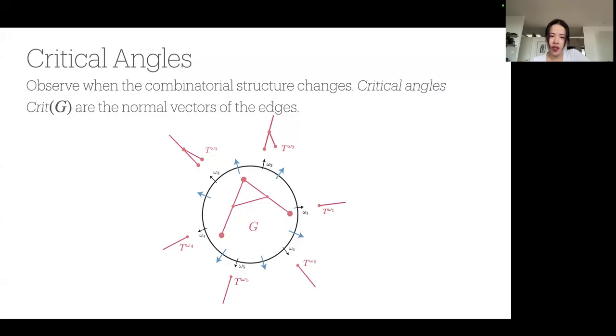The normal vectors of edges are what we call the critical angles. These are the angles at which the combinatorial structure of the tree could change. In this example, the critical angles are marked by the blue arrows. We notice that these are actually a superset of the angles where the combinatorial structure can change, but the combinatorial changes can only happen at a critical angle.